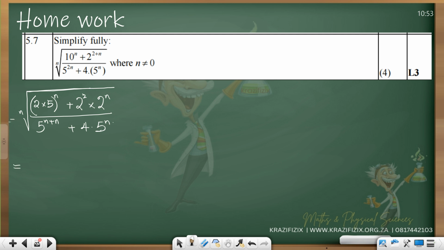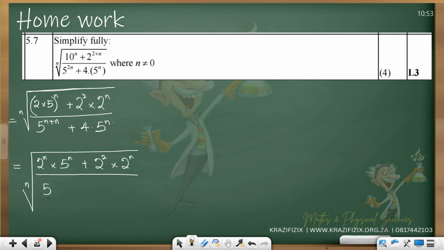Now, what will this be? I'm still going to keep my root of n. Laws of exponents say I can distribute that power. Plus 2 to the power of 2 times 2 to the power of n over 5 to the power of n times 5 to the power of n plus 4 times 5 to the power of n.